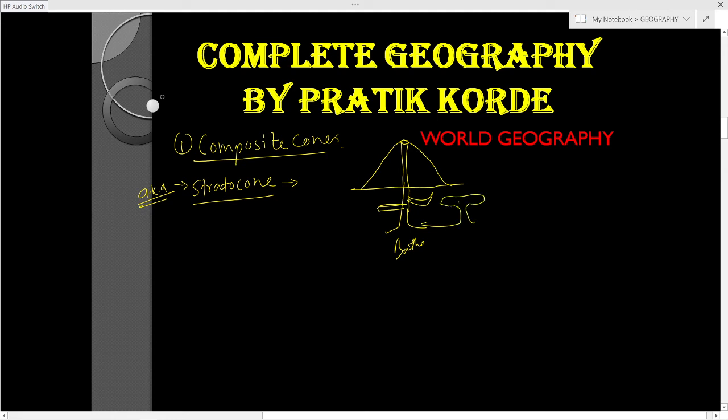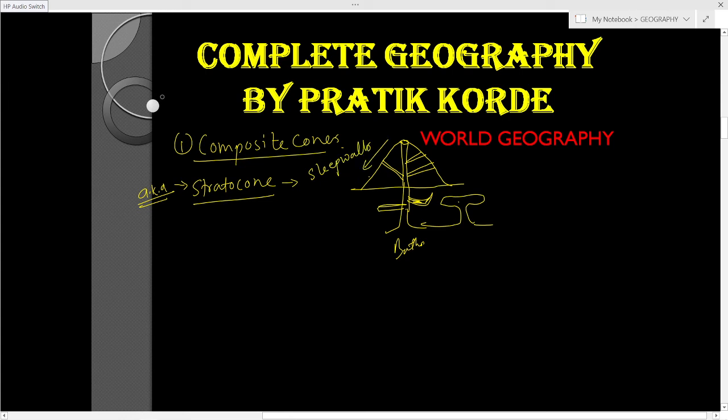This is laccolith, this is saucer shape. Okay, so there will also be dikes. So this is basically the characteristics of composite cones, where it has steep walls.